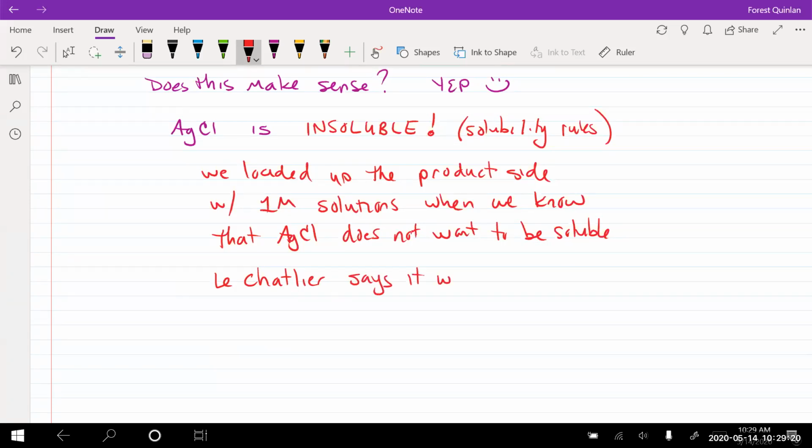Says it will shift left to reestablish equilibrium.